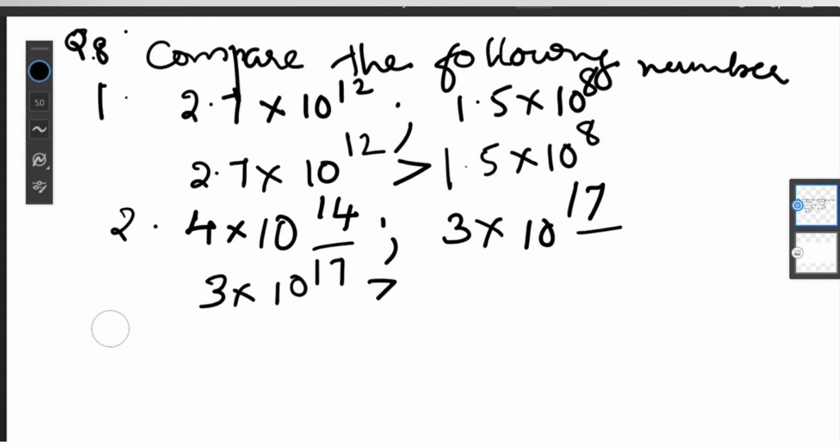So we write 3 into 10 to the power 17 is greater than 4 into 10 to the power 14. Clear? 10 to the power 17 is greater than 10 to the power 14, so any number accompanying it will also be greater. We just have to look at the powers given.